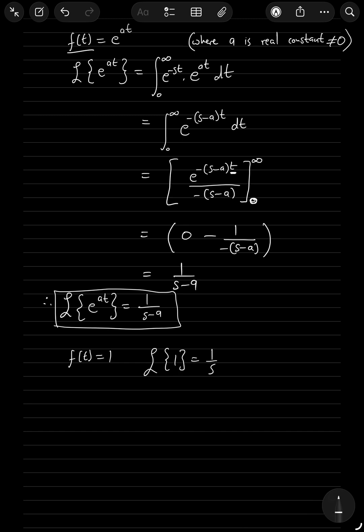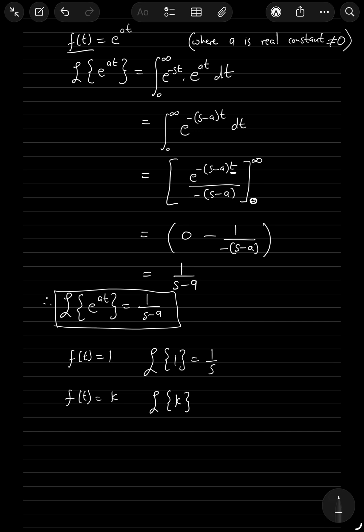But then what about, let's say now f of t is equal to a constant, let's just say a constant k? So what is the Laplace transform of k, where k is a real constant?